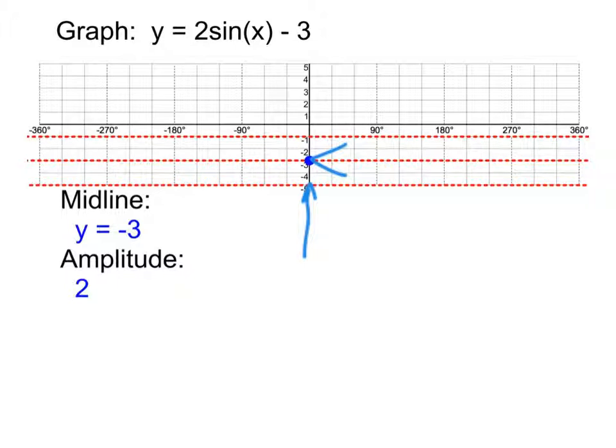So sine, we know it starts in the middle, but then where does it go from there? Is it heading up or is it heading down? It is actually heading up. So sine starts in the middle and then it goes to the top from there. So basically the pattern for sine starts middle, top. That's where we are in the pattern.